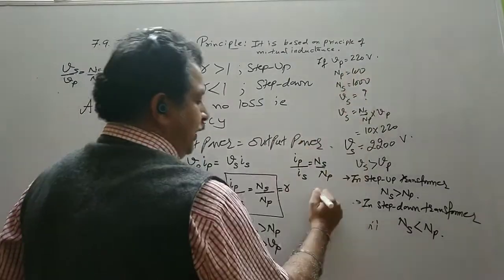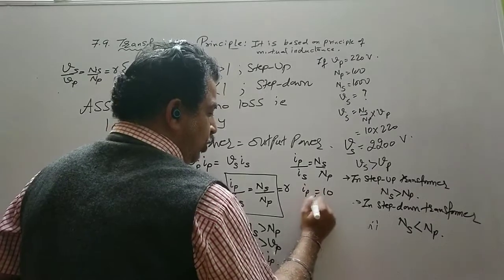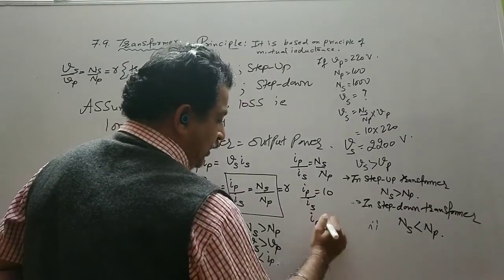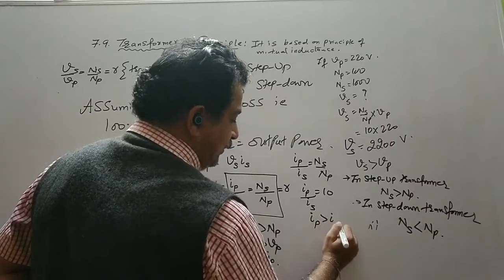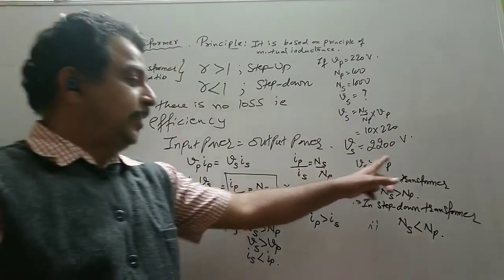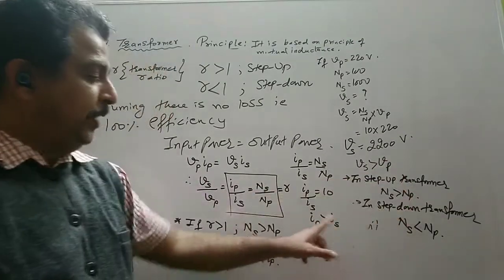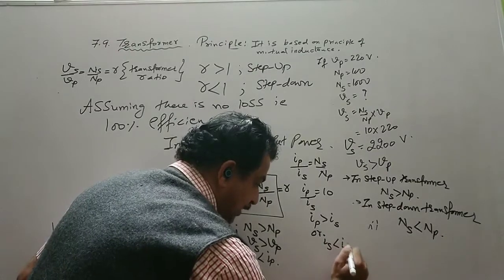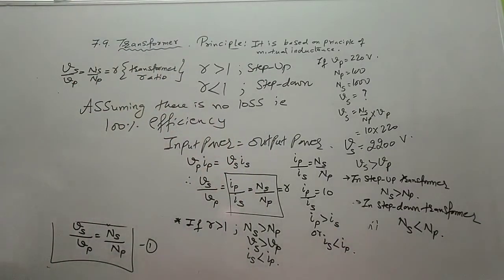So Ns upon Np is 10. So Ip upon Is is equal to 10, and therefore Ip is greater than Is. So when Vs is greater than Vp, the primary current is greater than the secondary current, or you can say Is is less than Ip.